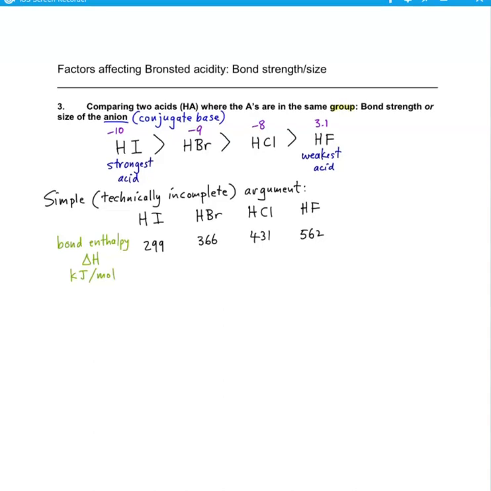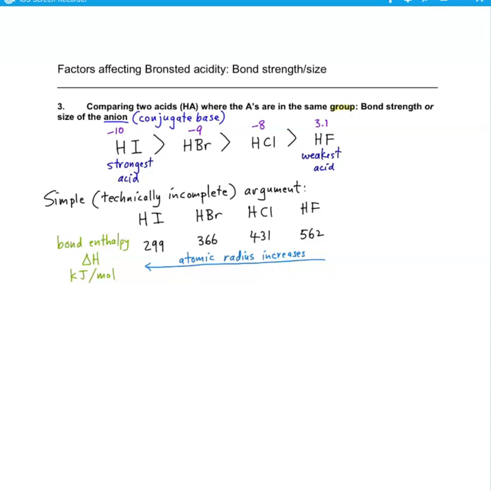Okay, so what's going on here? Well, first of all, as you go down a group, the atomic radius increases. So F is the smallest, Cl is bigger, Br is bigger than that, and I is the biggest of all of them. Okay, so the atomic radius increases.